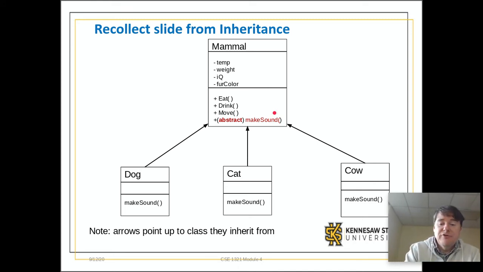And because there is one method that is abstract, this class is now abstract. So to be clear, if there is at least one method listed as abstract, then the entire class is abstract. It is because of this method, it is no longer possible to say mammal M gets new mammal, because this is now an abstract class.